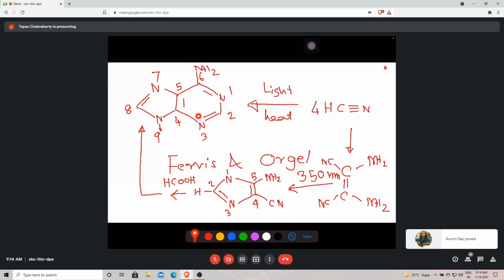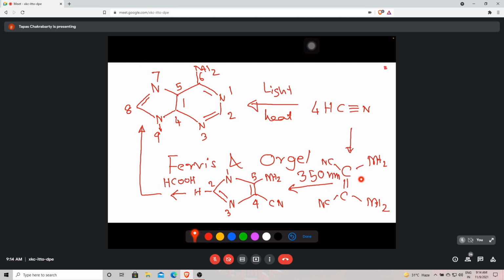But it is not that only one molecule has been prepared. Actually, a series of different polymers with 2 cyanides, 3 cyanides, 4 cyanides, different compounds are produced. But a significant amount of what was observed is this malonitrile molecule.